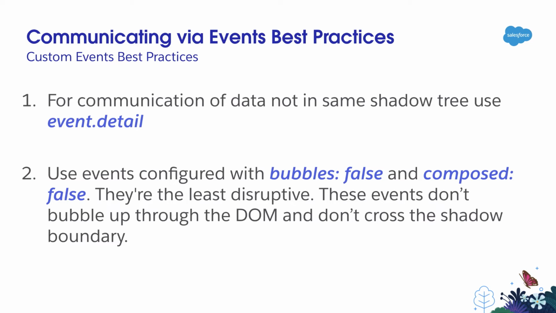For those, make sure you use event.detail, and also make sure that the configuration uses bubbles false and composed false so that the data does not bubble through the DOM and does not cross the shadow boundary. This is the least disruptive type of messaging, and by adopting the security principle of least privilege, this is the right configuration that you should use for your events.